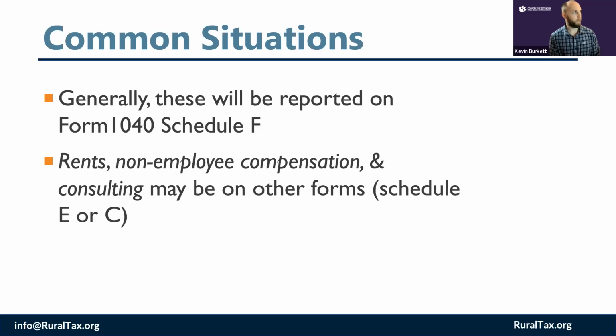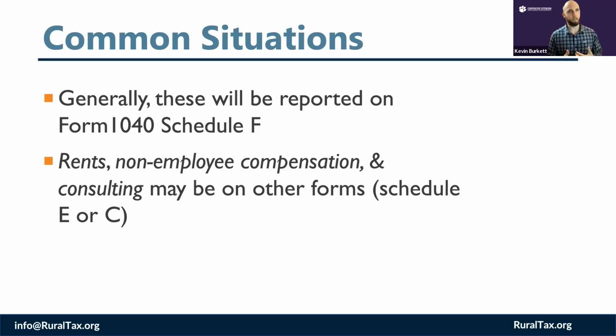And then for some of those other things that we do commonly see in agriculture, they might be reported elsewhere. So rents, non-employee compensation, and consulting may be on other forms like the Schedule E or the Schedule C. Not going to get into great detail on those forms, but again, as a farm, you might be receiving these.